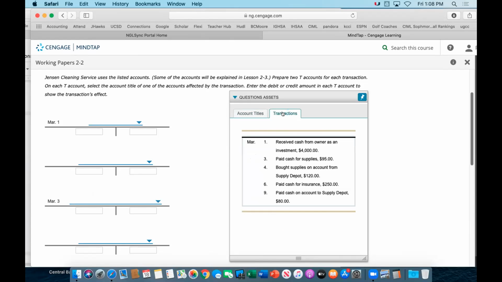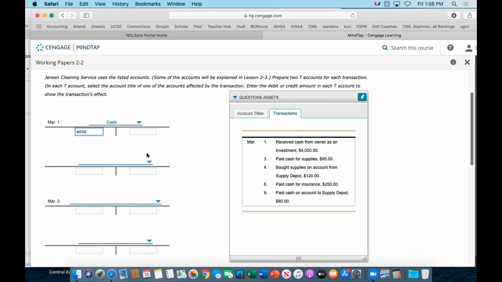All right, then click on this transactions tab and you'll see what we want to do. It says prepare these T accounts, how they're being affected. So March 1st, receive cash from the owner's investment. Number one on your sheet. When we receive cash, we debit cash, right?